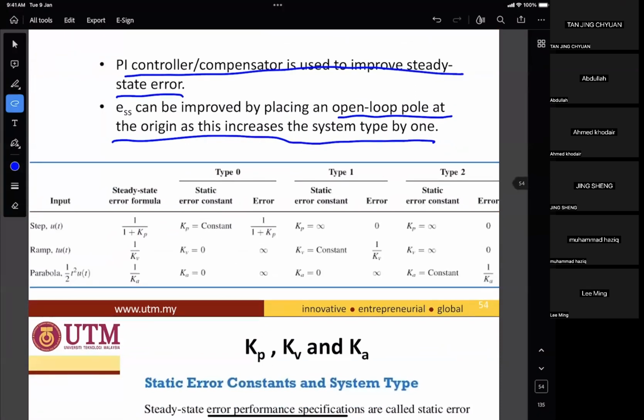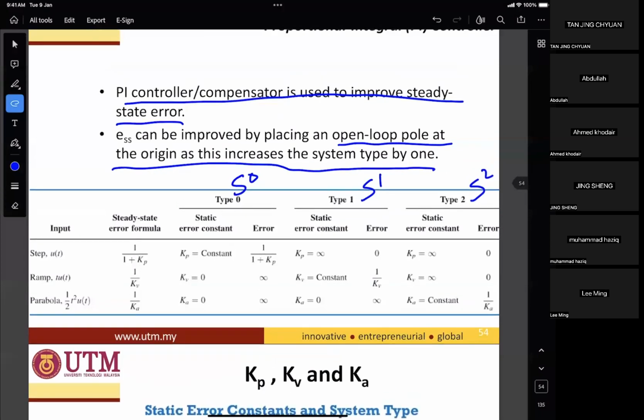By this time, I hope you already know what type 0, type 1, and type 2 are. You just look at the denominator. If the power of s is 0, type 0. If 1, type 1. If 2, type 2. For type 0, the steady state error formula is 1 over 1 plus Kp, where Kp is the position error constant as shown in this table.